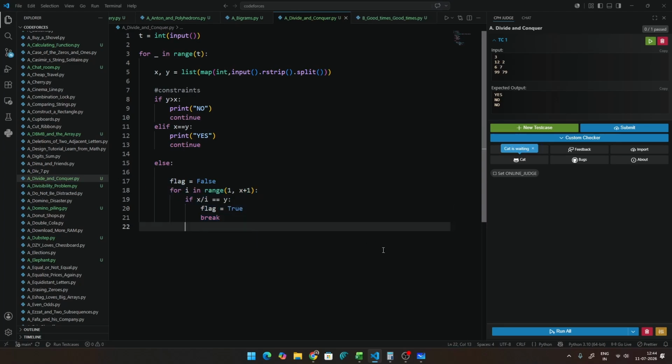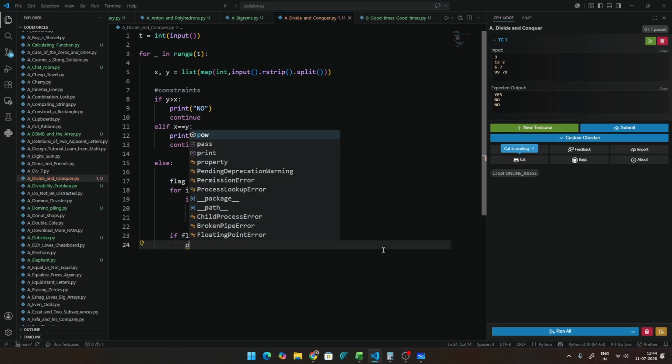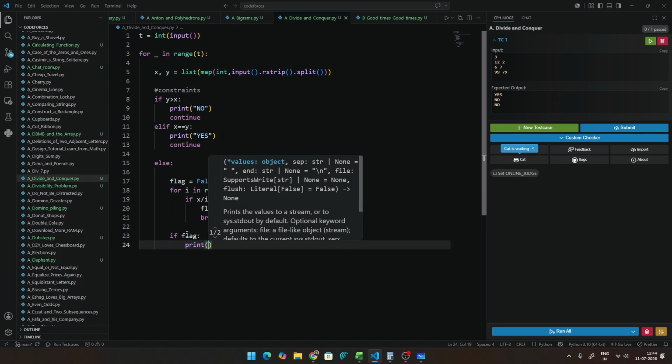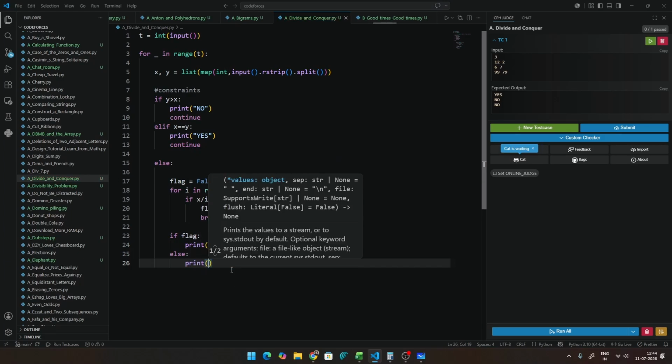Okay, because we don't need to do any other calculation in that place, right? We can just stop, because we only need to find that out once, right? And then we'll say if flag equal to true, or you can put that as if flag also, that's a completely fine way to put this. You don't need to do equal to true. I'm going to go ahead and print yes. If not, I'm going to go ahead and print no.